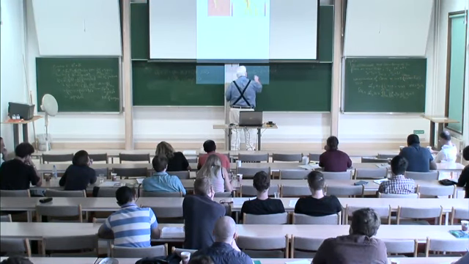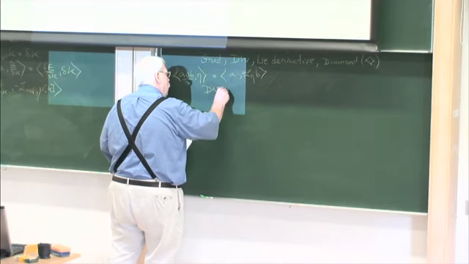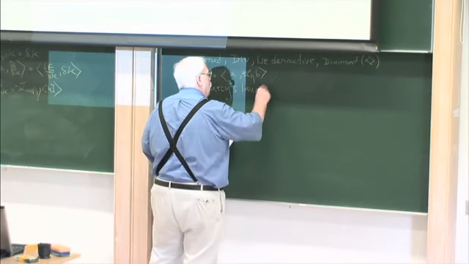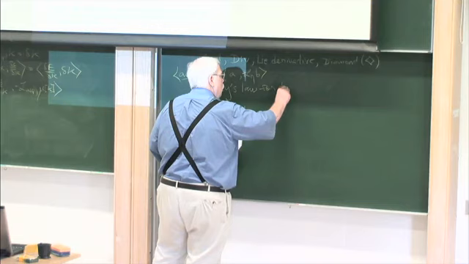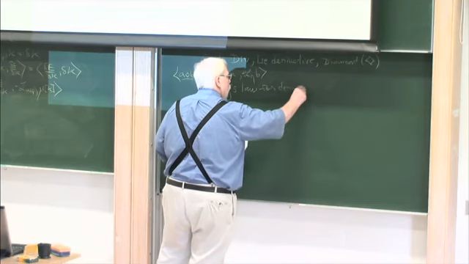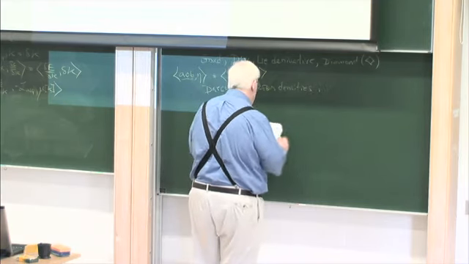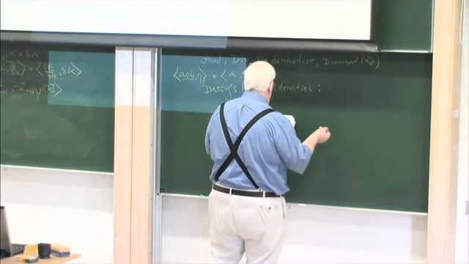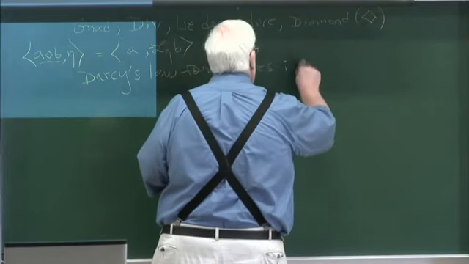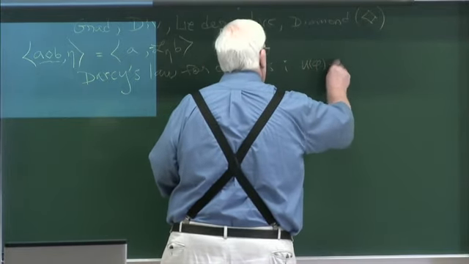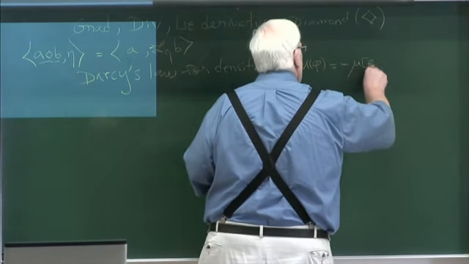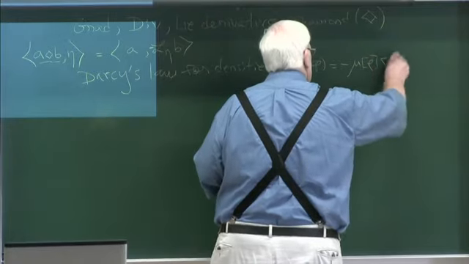So here's Darcy's law. For densities, you say that u of phi is minus mu of rho grad phi.